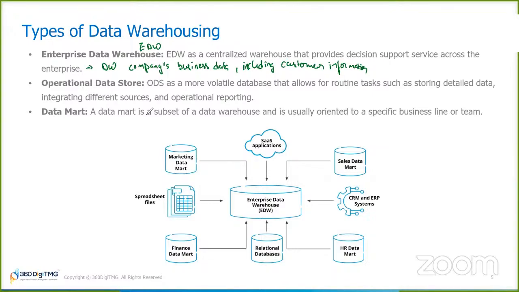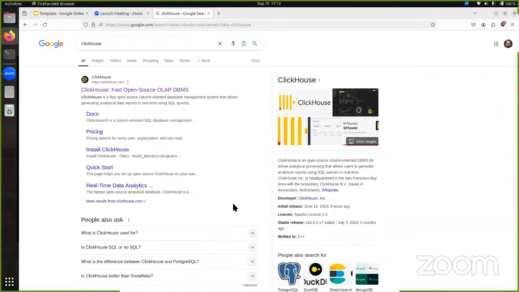So what we will do now is we will explore one of the open source platforms which are available to us for data warehouse. Okay. So now let me show you the tool that we will be looking at. The tool that we are looking at is known as ClickHouse.